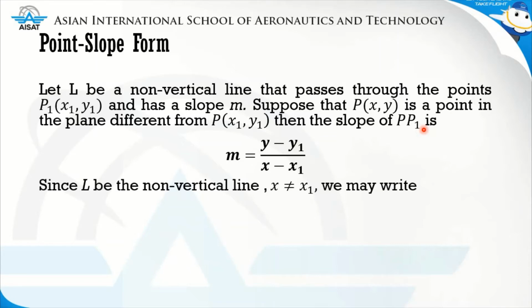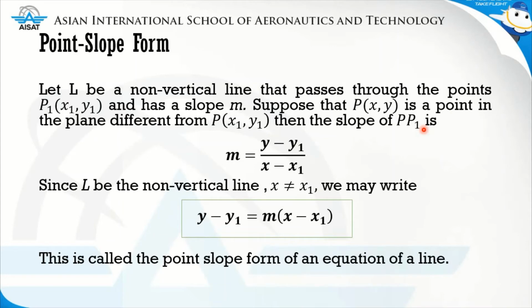Since L is a non-vertical line, we know that x is not equal to x1. Therefore, we may write this as y - y1 = m(x - x1). Now this is called the point-slope form of an equation of a line.